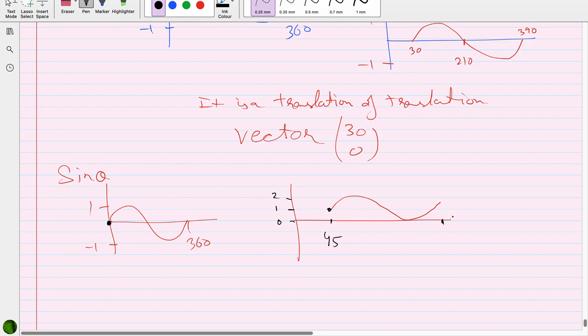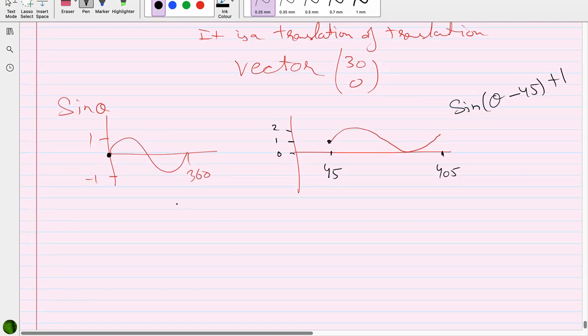Okay. So let it be 45. 360 plus 45 is 405. So it starts at 45. It ends at 405. So this is the graph of sine theta minus 45. This negative is moving it towards the right-hand side, and plus 1. So we can still say it is a translation because it is moving to the right and upwards.